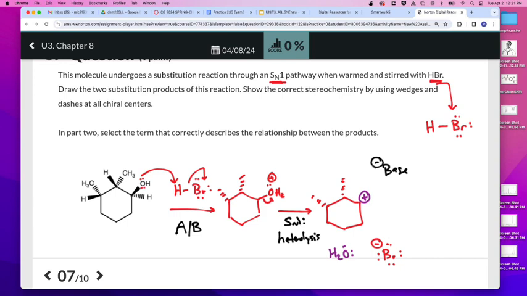So my base could come in and remove the hydrogen and do what with the electrons in that bond? Make the double bond. So were there electrons already within this structure? Yeah. So the structure doesn't have to look out to a nucleophile. But Mike, then you're telling me it looks out to a base. That's true. Get rid of the base. Do I still have electrons in that bond to the hydrogen? Yeah.